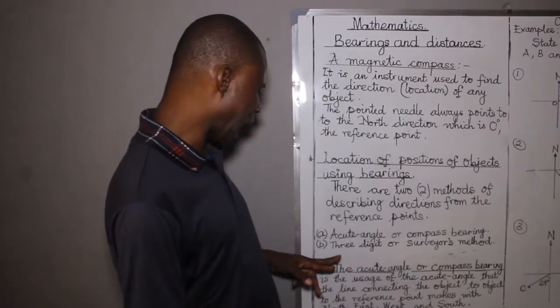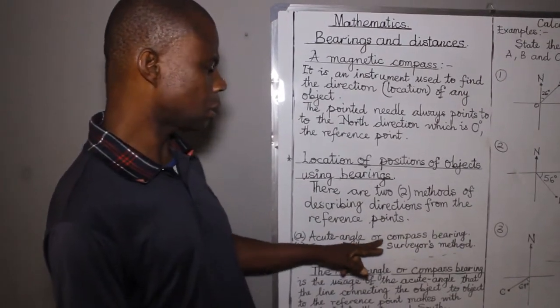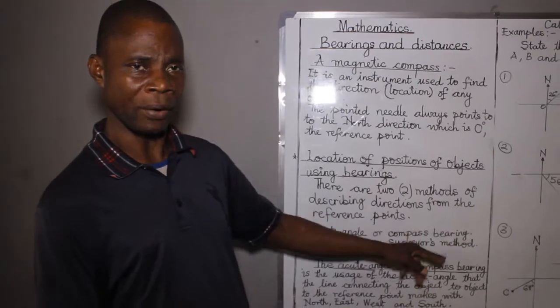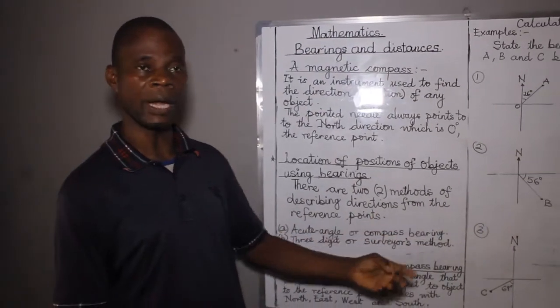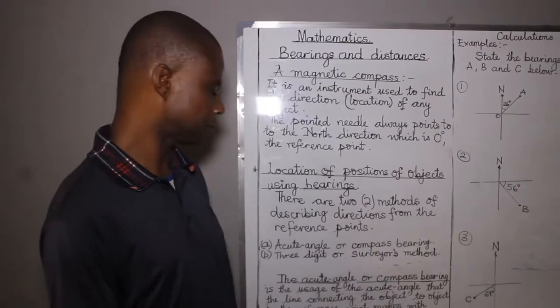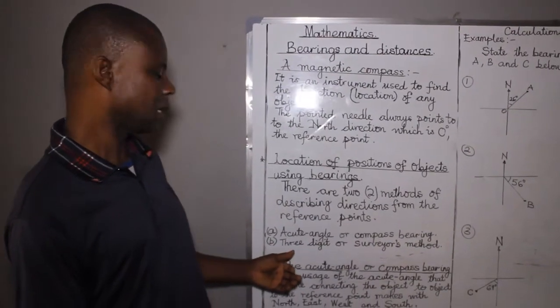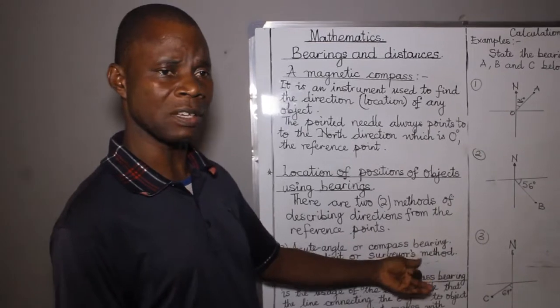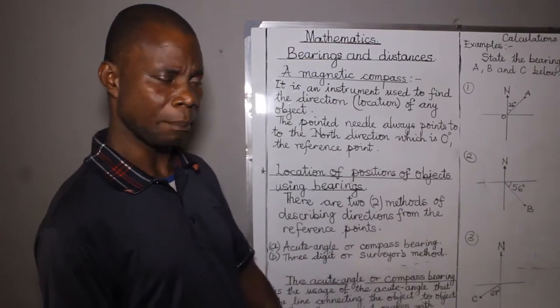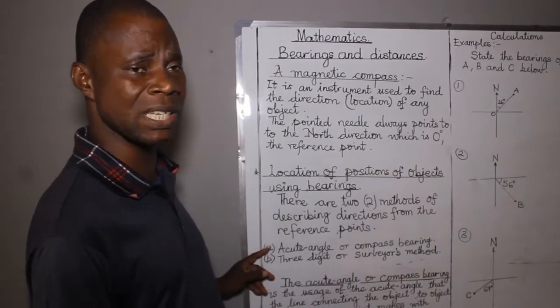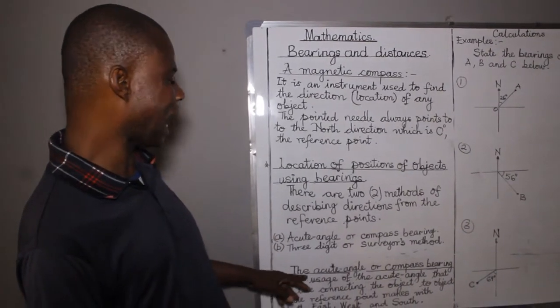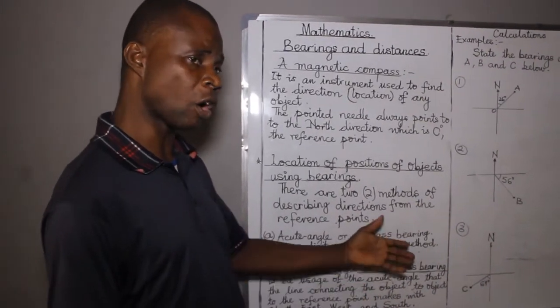The two methods are the acute angle or the compass bearing. You can call it acute angle bearing or compass bearing. The second one is the three digits or the surveyor's method. But today in this class, we're going to dwell on the first one, which is the acute angle bearing or the compass bearing.